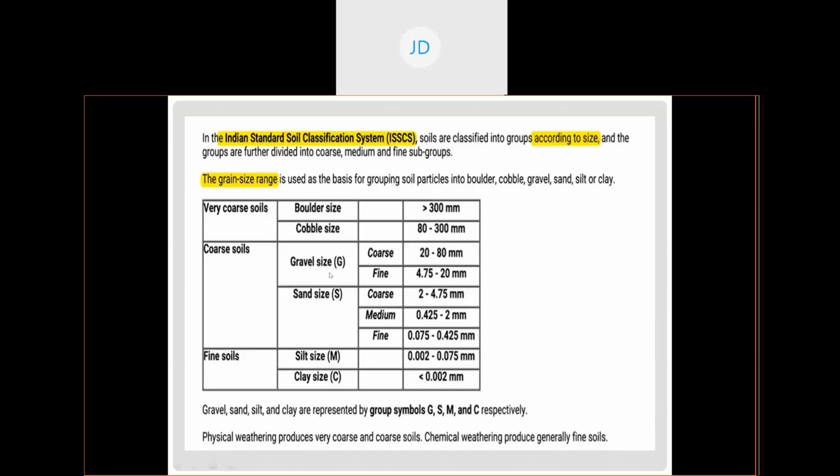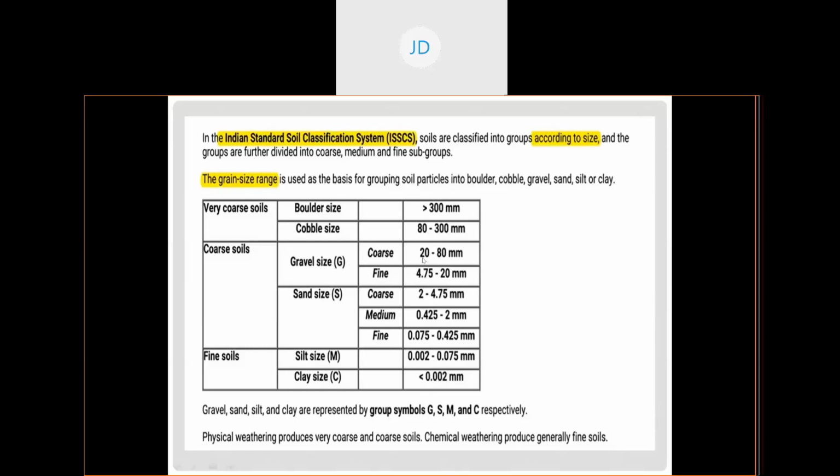One more thing, sand is denoted by capital S and gravel is denoted by capital G. Again, gravel is subdivided under two heads, that is coarse gravel and fine gravel. Fine gravel ranges from 4.75 to 20 millimeter, and coarse gravel ranges from 20 millimeter to 80 millimeter sizes.